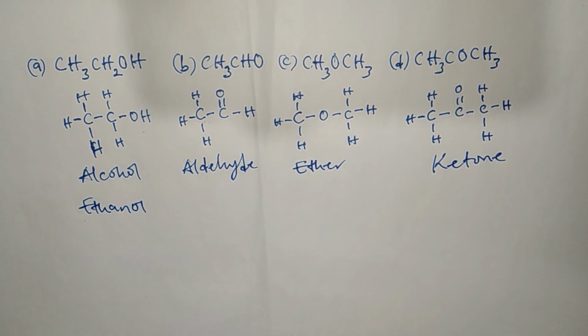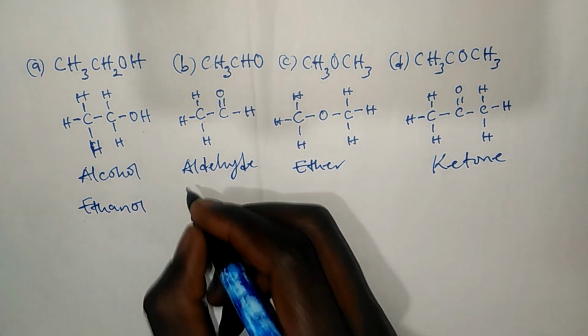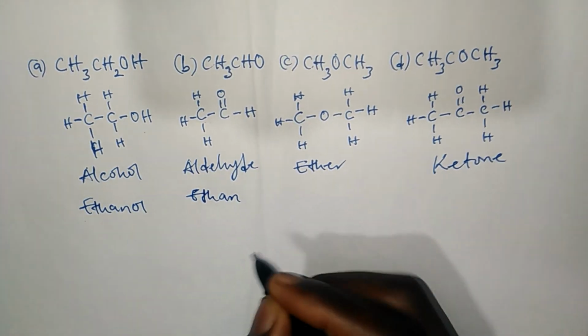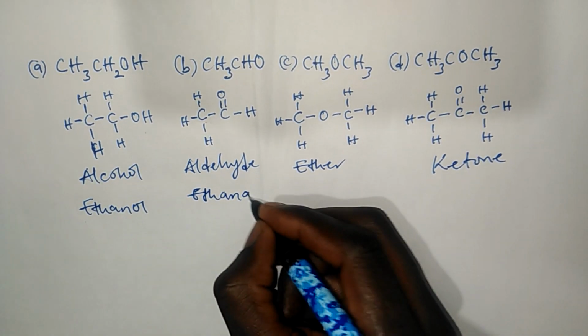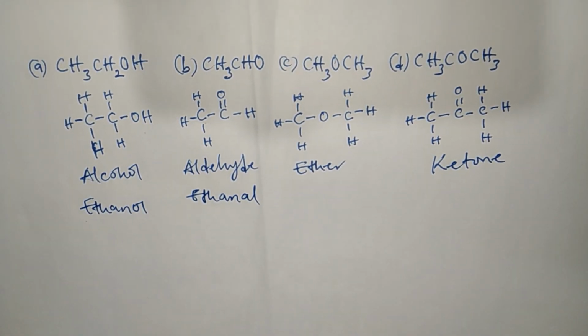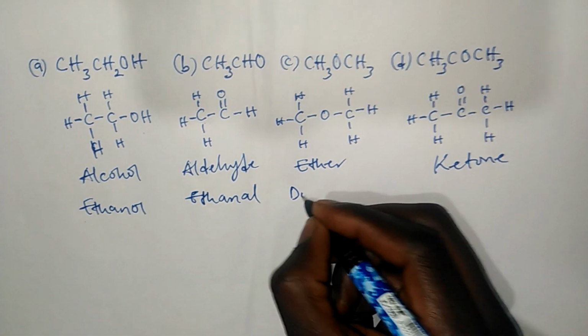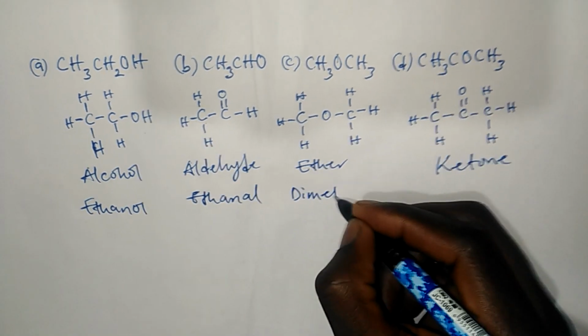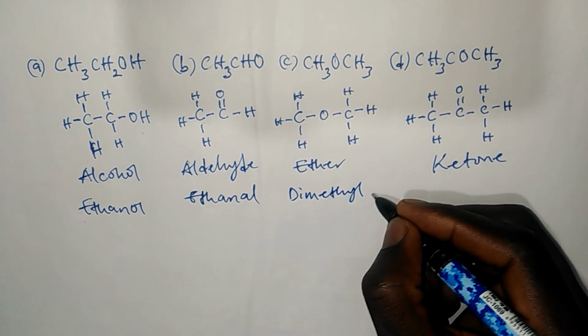For aldehydes, it's a 2 carbon chain, right? You put ethane, you take away the E and put AL, and it becomes ethanal. For ethers, we have 2 methyl groups. Therefore, you call it dimethyl ether.